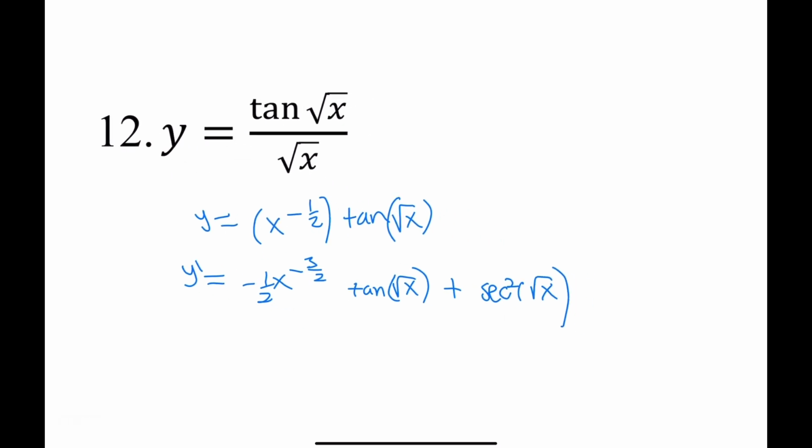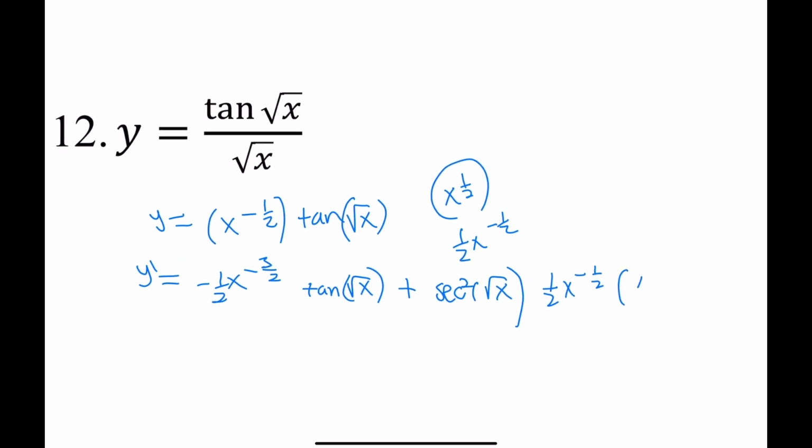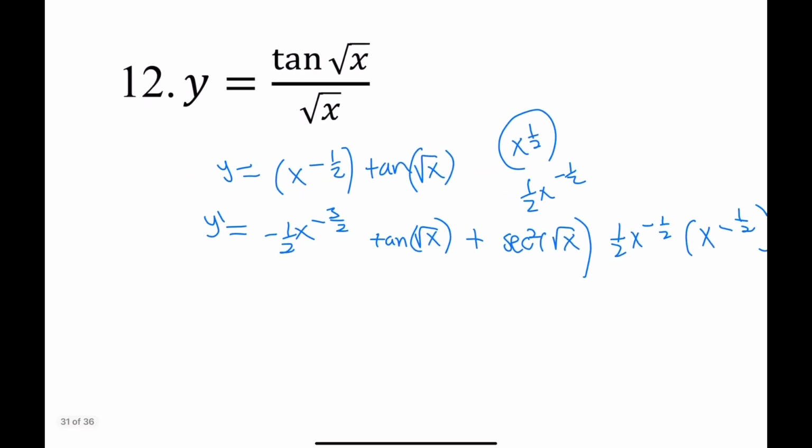So x to the 1/2 derivative would be 1/2 x to the negative 1/2, and then times x to the negative 1/2. Okay, so that means that we have negative 1/2.